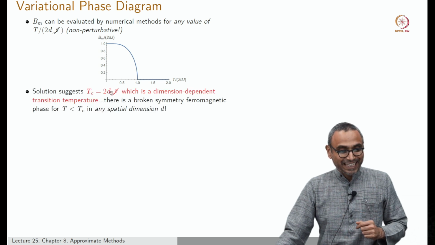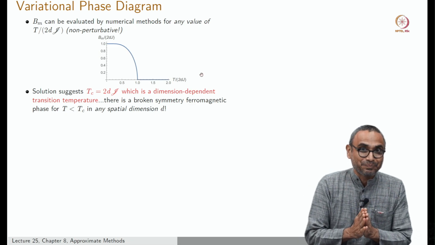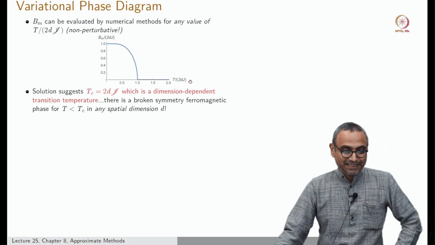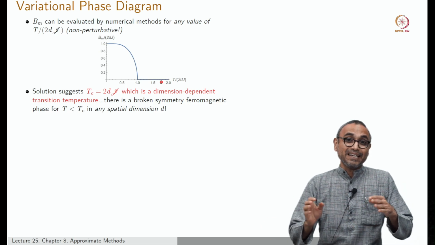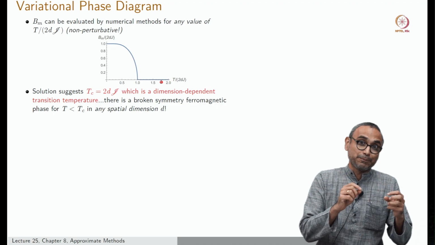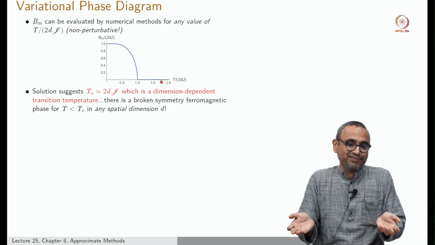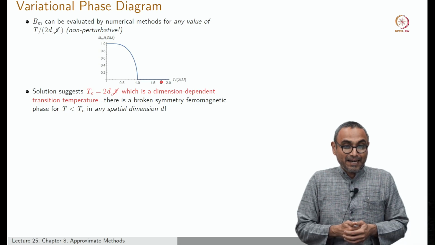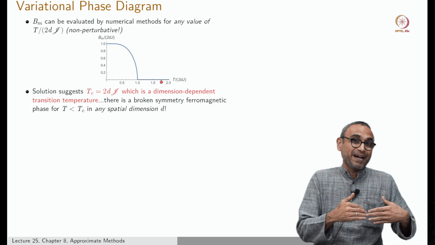So what it is telling you is that there is a Tc in the system. Why is there a Tc in the system? Because if B is equal to 0, then my trial Hamiltonian H_B with B equal to 0 has Z2 symmetry, because the Hamiltonian itself is 0, right? But when I am below Tc, that system has now a magnetic field effectively.